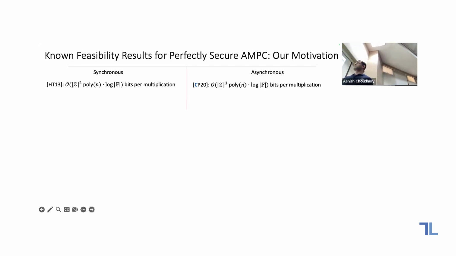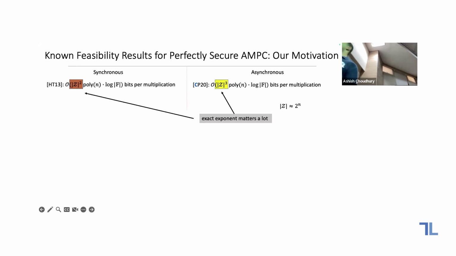Prior to our work, the best known asynchronous protocol had complexity proportional to the cube of the size of the adversary structure. So if we focus on the exponents of the cardinality of the adversary structure, there is a difference here, and it matters. Even though it is polynomial, it's quadratic here and cubic there.